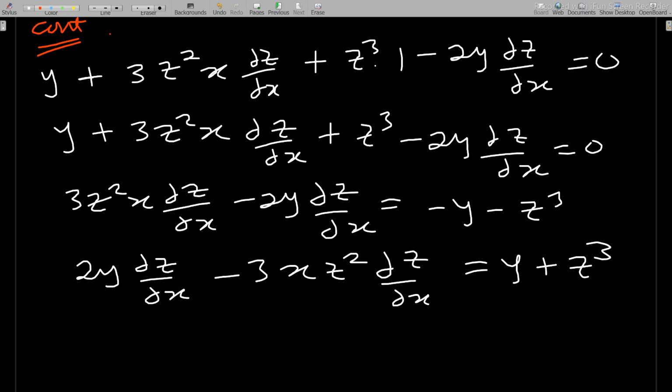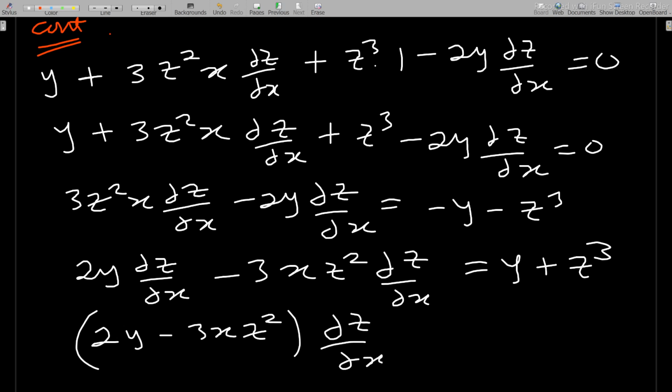I hope this is very cool. Alright, so with this, I can simply factor my del z del x out, so I'll get 2y minus 3xz squared out, and del z del x should be equal to y plus z cube.